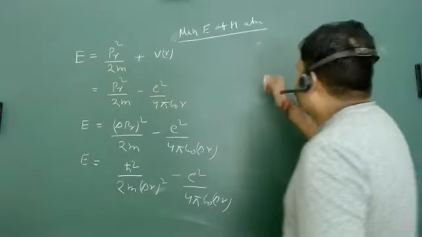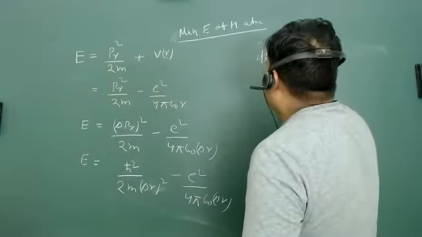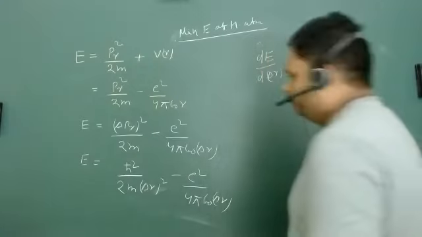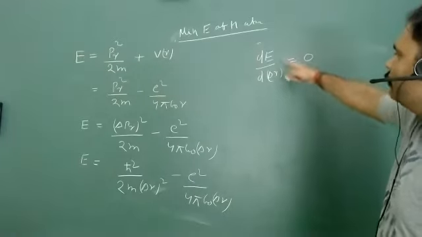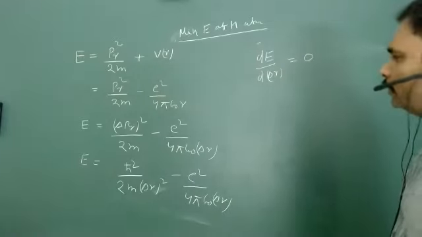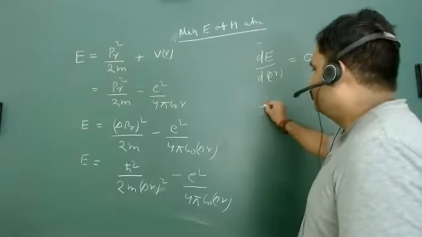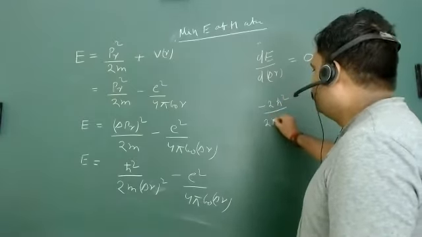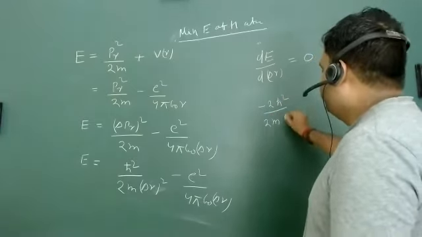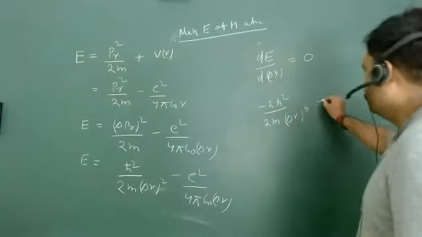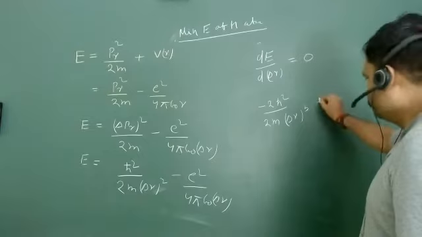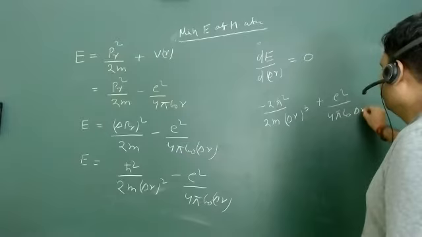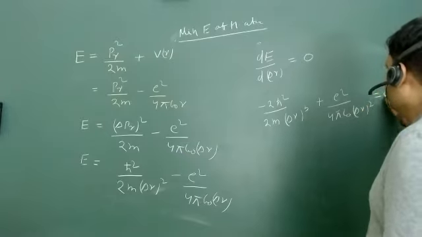So we can go for dE upon d delta R must be equal to 0. When we go for dE upon d delta R equal to 0, the calculation is: minus 2h cut square upon 2m delta R cube plus E square upon 4 pi epsilon naught delta R whole square is equal to 0.